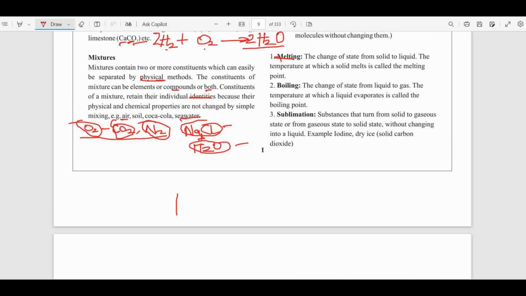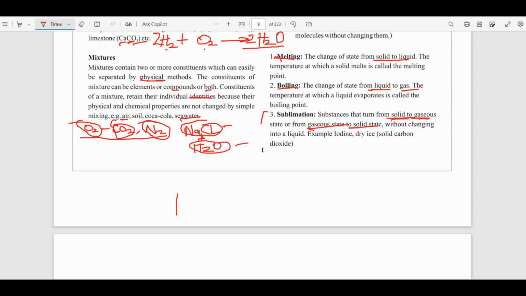Melting is a change of state from solid to liquid. We have boiling, which is a change of state from liquid to gas. We also have sublimation, which is a change of state from solid to gas without first becoming liquid, or from gas back to solid without first becoming liquid.